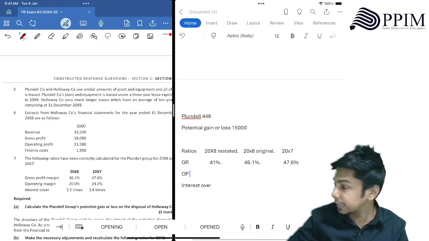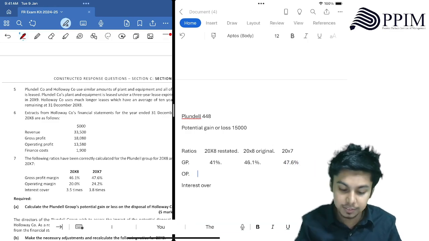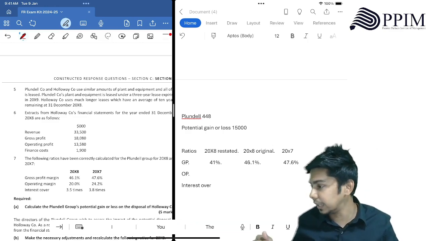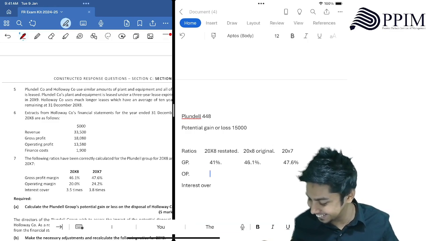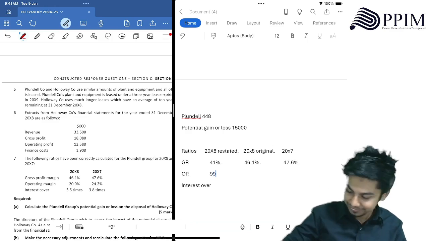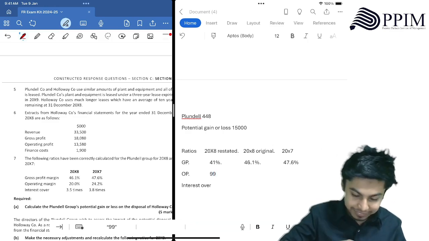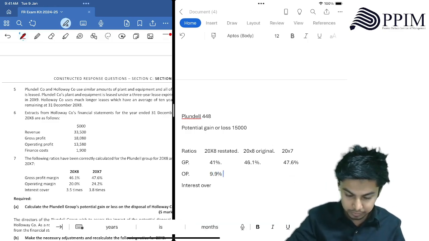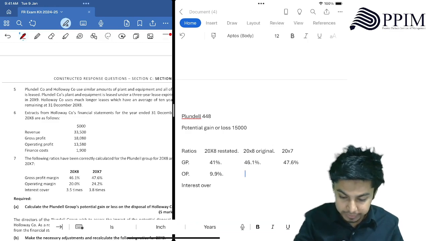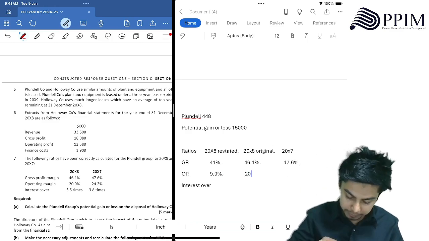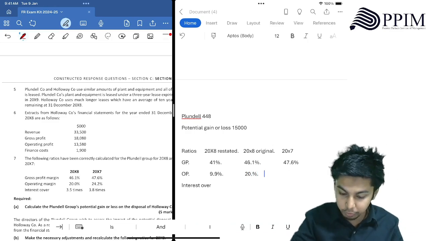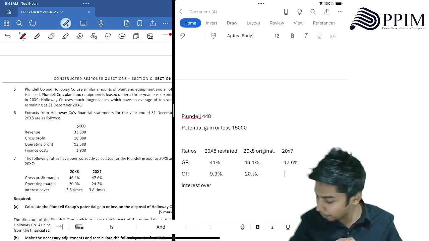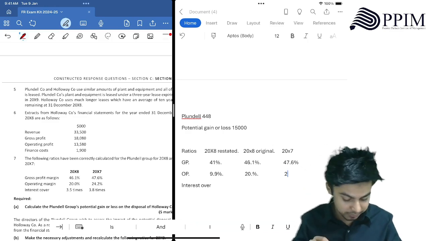Okay, then guys, on the other hand, operating profit answer, right? Operating profit answer, guys, we are getting over there, right? 9.9%. Okay, whereas guys over here it's going to be 20%, and then over here the answers are 24.2%.